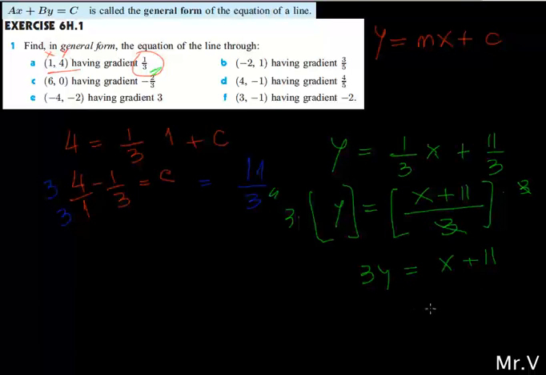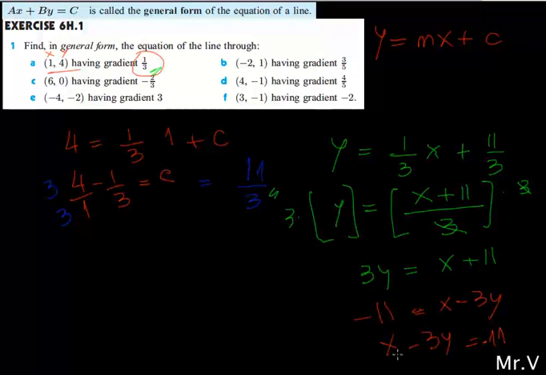So I will have my x minus 3y, and the positive 11 goes to this side as negative 11, and there you go. If you want, you rewrite it: x minus 3y equals negative 11, and you have your general form of the equation. So that was one way to do it.